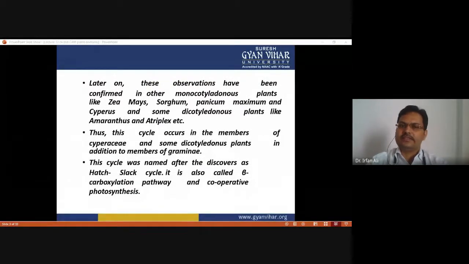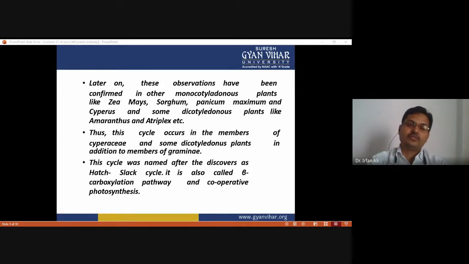Later on, these observations have been confirmed in other monocotyledonous plants like Zea mays, sorghum, Panicum maximum, and Cyperus, and even in some dicotyledonous plants like Amaranthus and Atriplex. This cycle occurs in members of Cyperaceae and some dicotyledonous plants in addition to members of the Gramineae family.